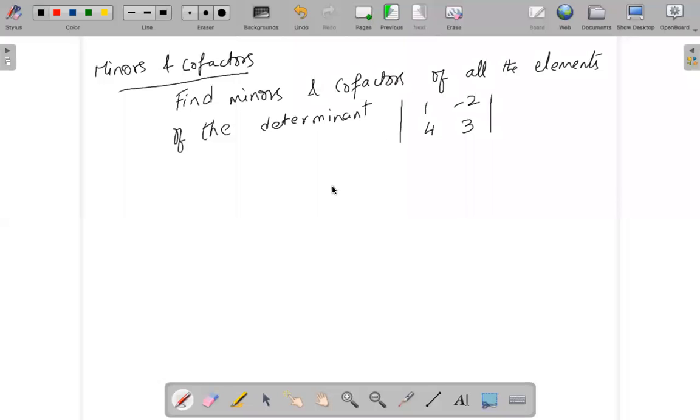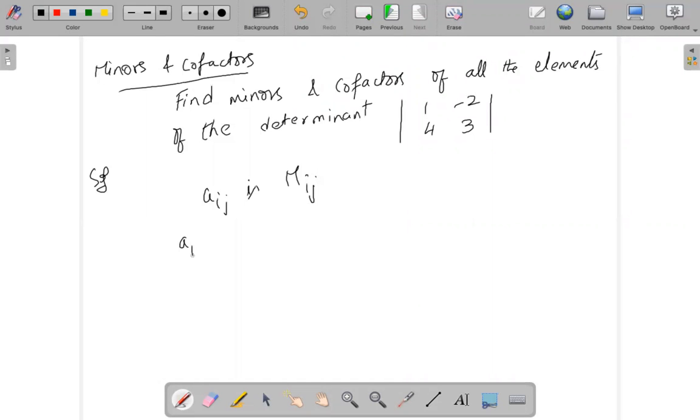Let us find the minors and the cofactors of all the elements of the determinant, which is 1, minus 2, 4, and 3. The minor of an element aij is Mij.